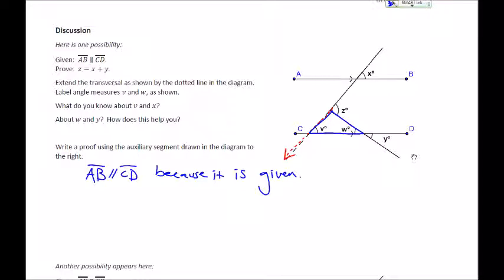Now, I must figure out what else is here that I can use to prove that the measure of angle Z is equal to the measure of angle X plus Y. Well, I know that I have parallel lines, and I know things about parallel lines. One of the things I know is that corresponding angles are congruent, and that angle X and angle V are corresponding angles. So I will say that the measure of angle X is equal to the measure of angle V because they are corresponding angles.